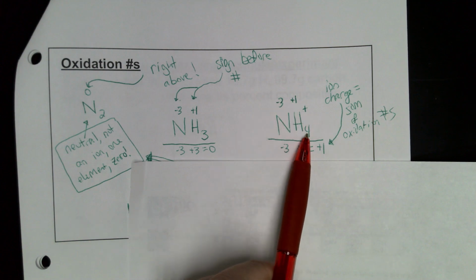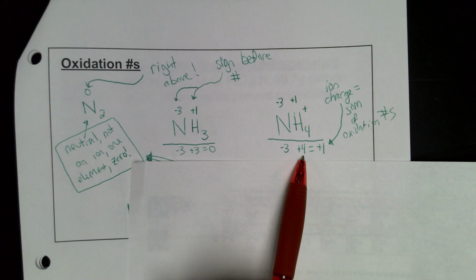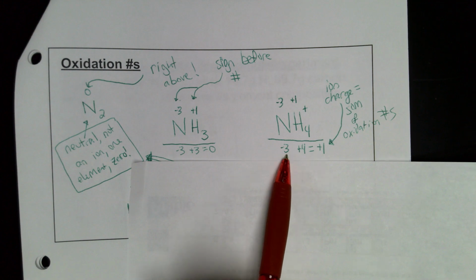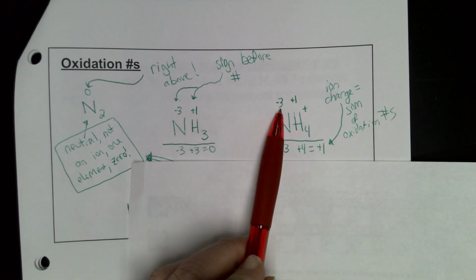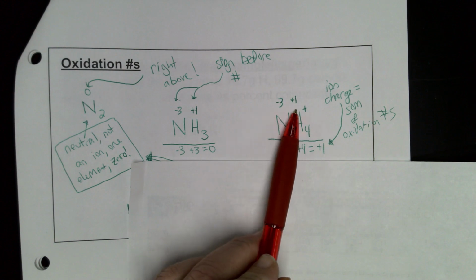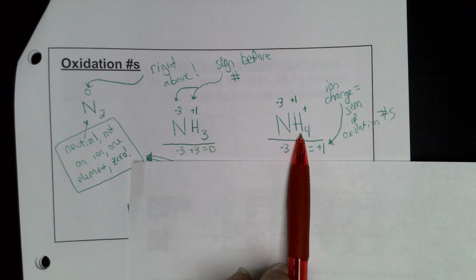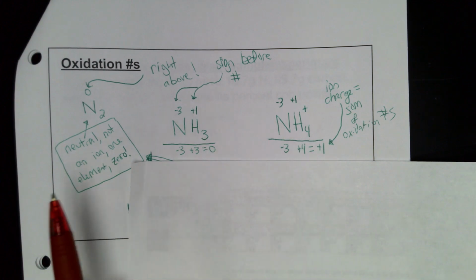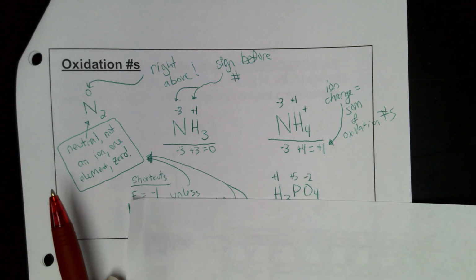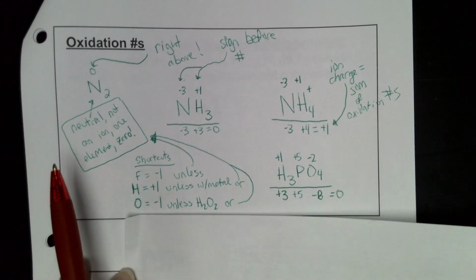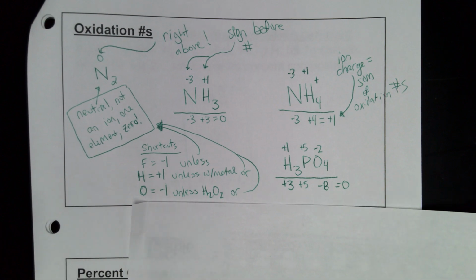I have 4 of them, so I have a +4, but now instead of -4 to add up to 0, I only have -3. So you see both of these elements, their oxidation is actually unchanged, whether it is the neutral molecule or the charged NH4. Same idea. Right, so remember our special rules that are handy shortcuts.